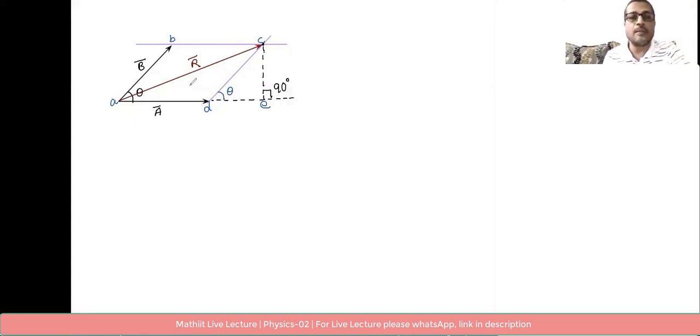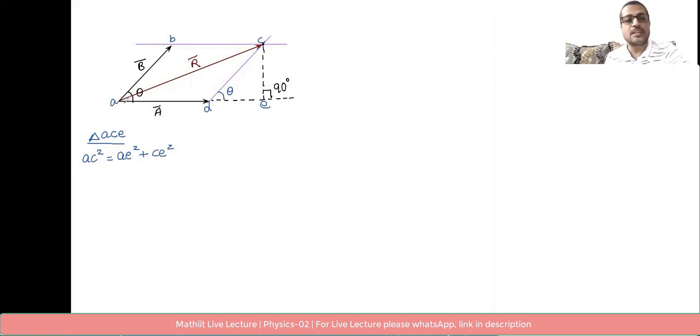Now let us consider triangle ACE. Does that look like some special kind of a triangle? Triangle ACE is a right angle triangle, isn't it? So if it is a right angle triangle, then we can use Pythagoras theorem. So AC square is equal to AE square plus CE square.